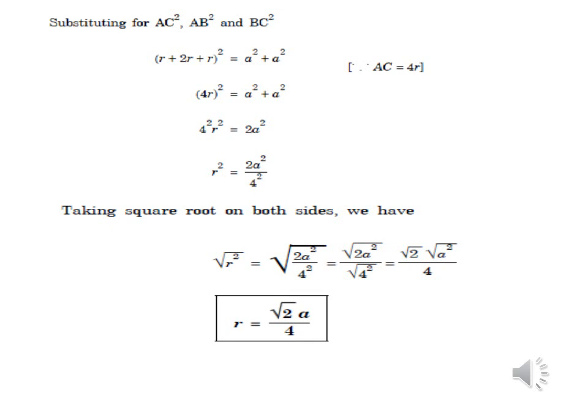Therefore, 4R whole squared equal to a squared plus a squared. 4 squared R squared equal to 2a squared. R squared equal to 2a squared by 4 squared. Taking square root on both sides, we have root of R squared equal to root of 2a squared divided by root of 4 squared. Simplifying this equation, atomic radius R equal to root 2 a by 4. Therefore, atomic radius for FCC equal to root 2 a by 4.